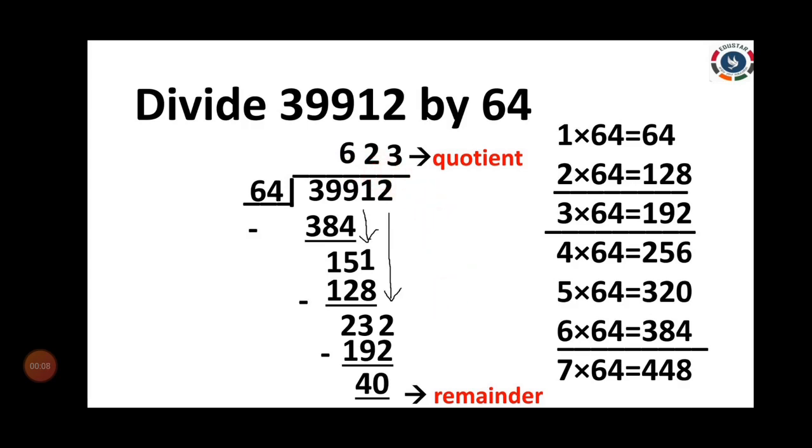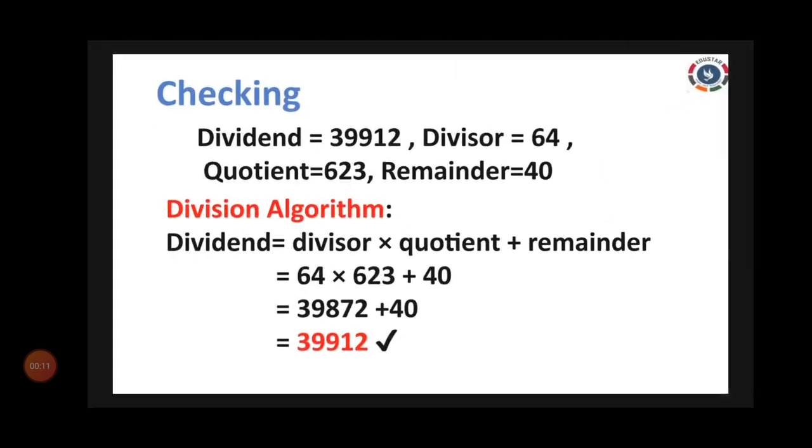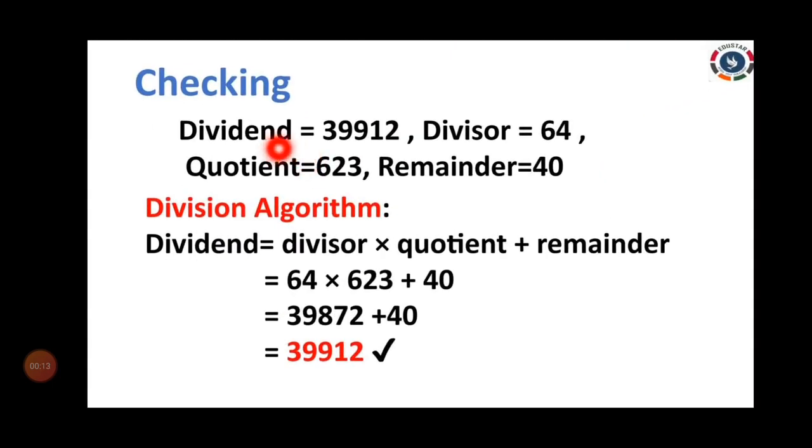Then how can we check the answer? I am going to explain that. Checking. Dividend equal to 39,912. Divisor equal to 64. Quotient is equal to 623 and remainder is equal to 40. So write the division algorithm: dividend equal to divisor into quotient plus remainder. We already know all those values, so substitute the values. Dividend is equal to divisor, 64, into quotient, 623, plus remainder, 40.